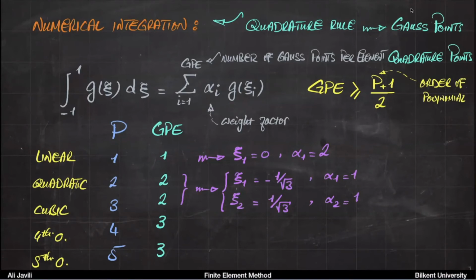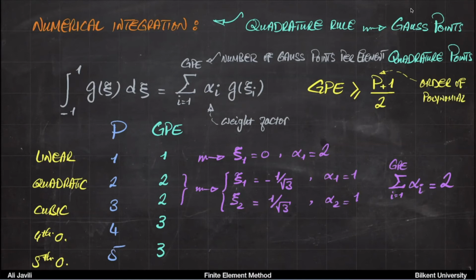Okay, so you can see that the sum of alphas is 2. As I said, this is like a weighting factor.